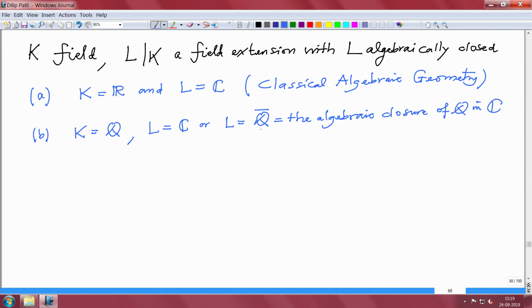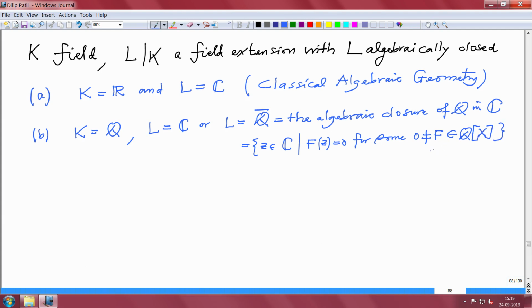That means this Q bar is the set of all those complex numbers Z such that Z is a 0 of a monic polynomial, so such that f of Z is 0 for some non-zero polynomial f with coefficients in the rational numbers.